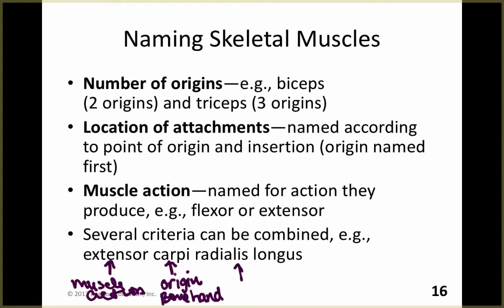Radialis is talking about the insertion. And longus is talking about the size. Basically, it's long. So you at times can have names that have several different criteria put together in one name.